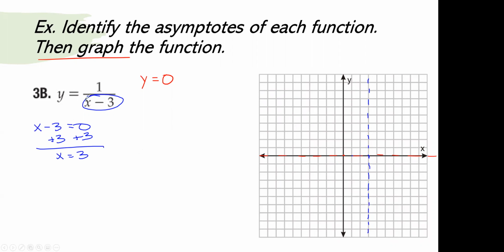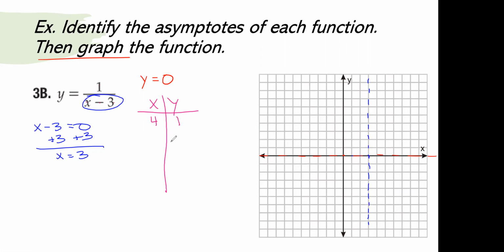Okay. So then I'm going to plug in values for x and figure out what y is, so then I can graph this function. If I plugged in 4 for x, and the reason I pick 4 is because 4 minus 3 would be 1, and 1 divided by 1 is 1.